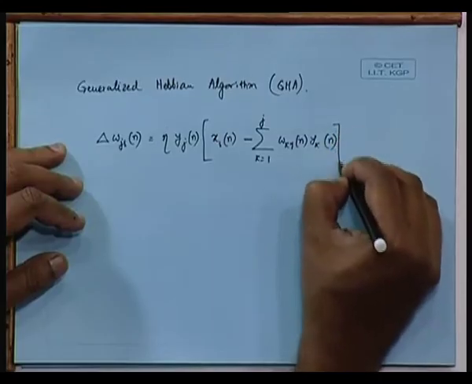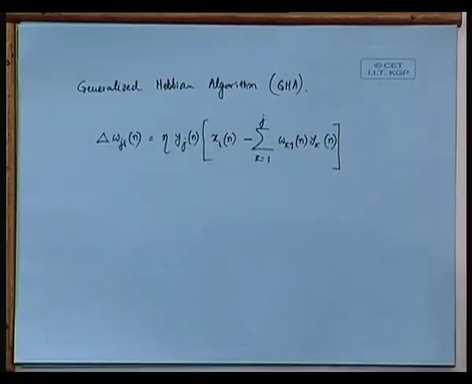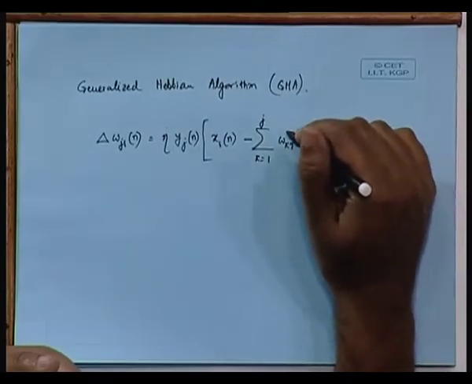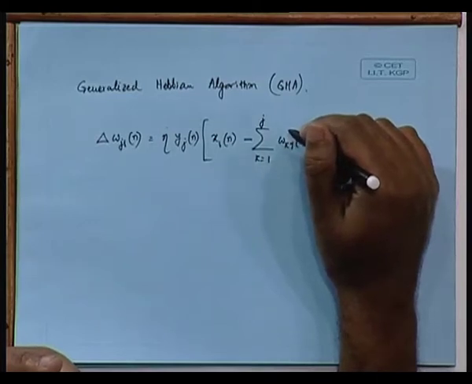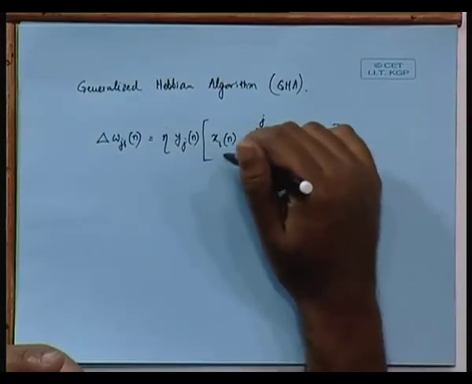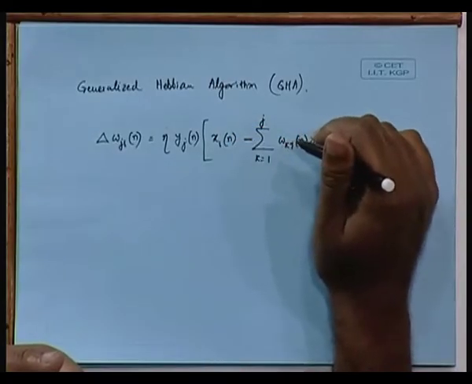Have you followed what we have considered here? If you try to interpret it, you are considering the jth output and the ith input. For the ith input, this xi of n is the term that is contributing, but apart from this term, there are some other terms which will have their effect.